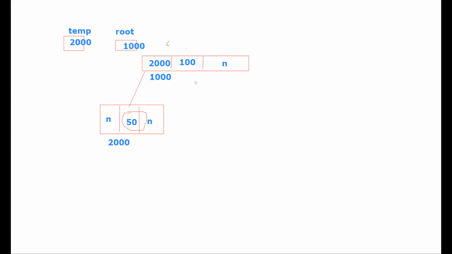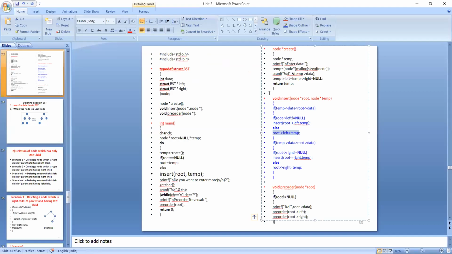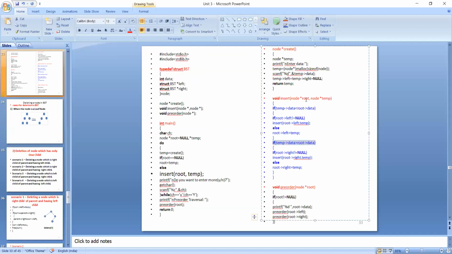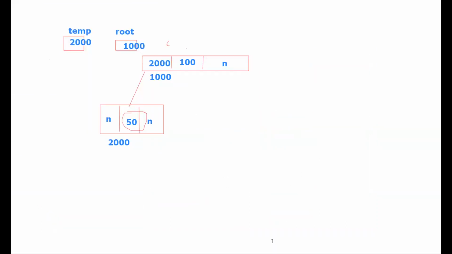For example, you are inserting 150. What happens? I'll check with the same condition. If it is 150, it goes directly to this. When 150 is created, how is it happening? You know that a new node is created using the create function.